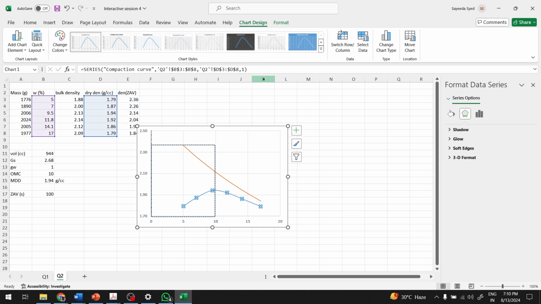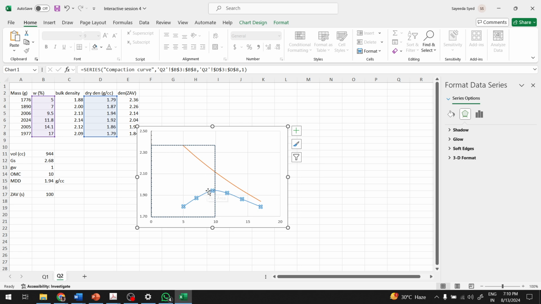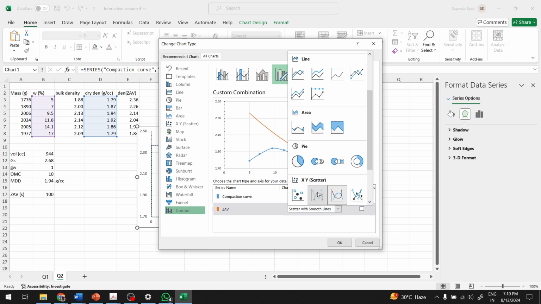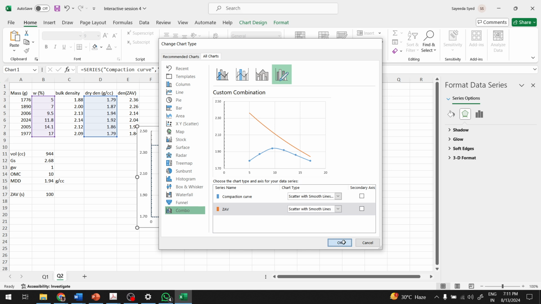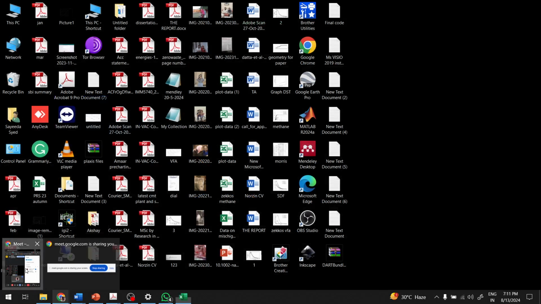Let me change the chart design. So all the values from the test, they lie to the left and below the zero air void line.